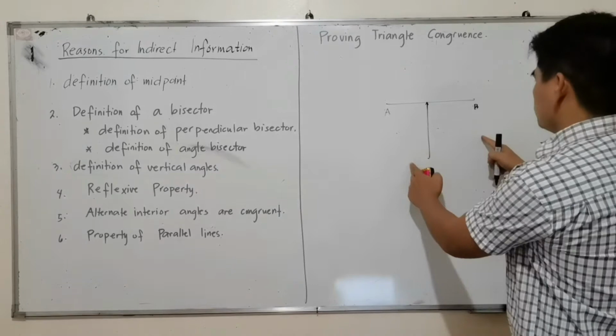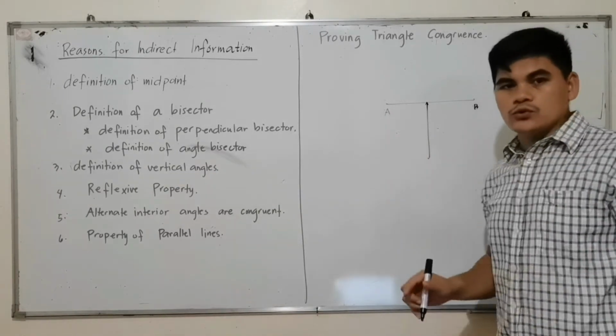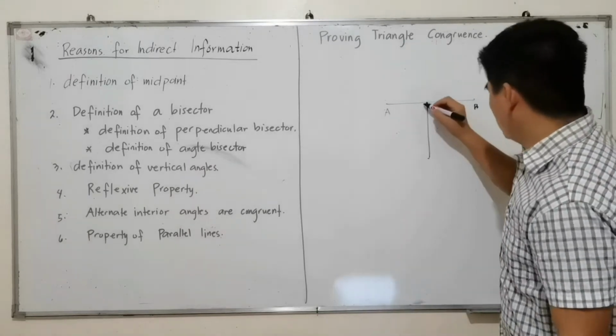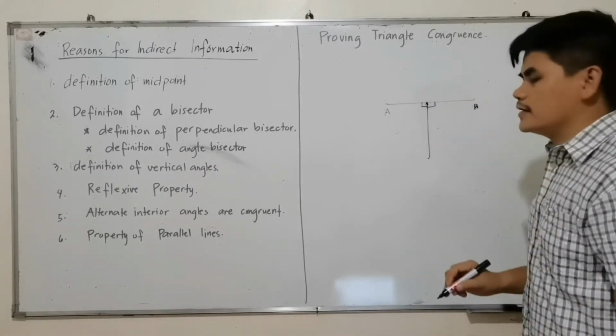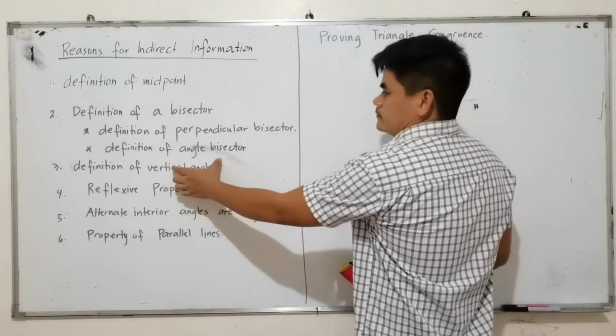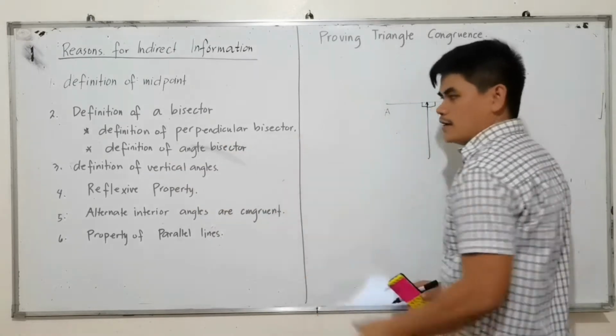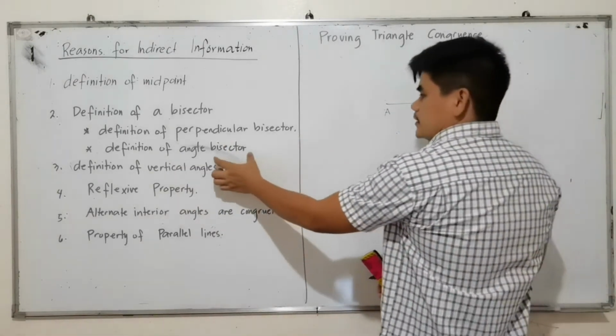This perpendicular bisector divides the line into two equal angles. So we have a 90 degrees angle here and a 90 degrees angle here. That is the definition of perpendicular bisector.